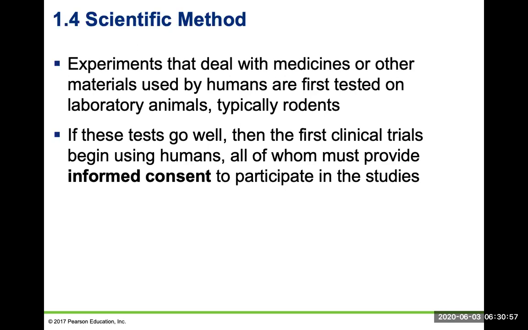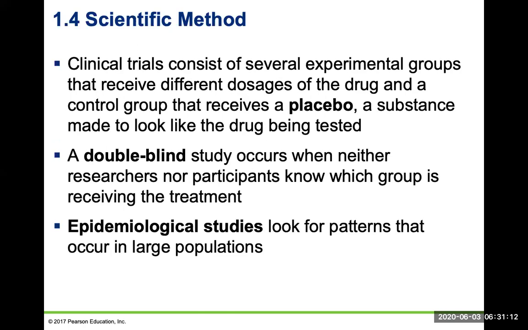Experiments that deal with medicines or other materials are usually first tested on rodents. I used mice when I was doing my research project. If the tests go well, then clinical trials can go to humans, all of whom must provide informed consent to participate in the studies. In a clinical trial, usually an experimental group will receive different dosages of a drug, and a control group would receive what we call a placebo, which is a substance made to look like the drug being tested.